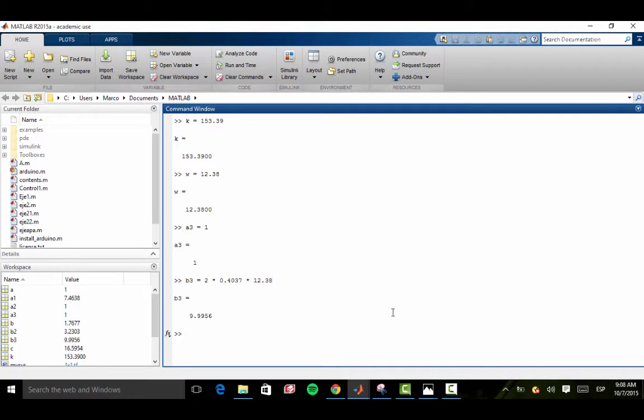The third coefficient is c3, which is omega n to the 2.